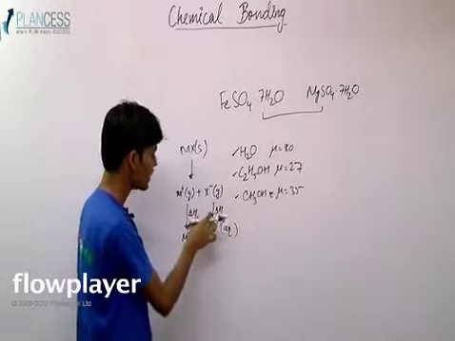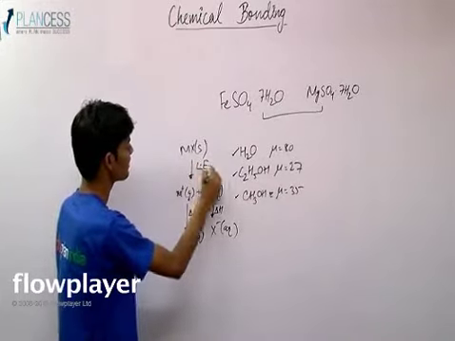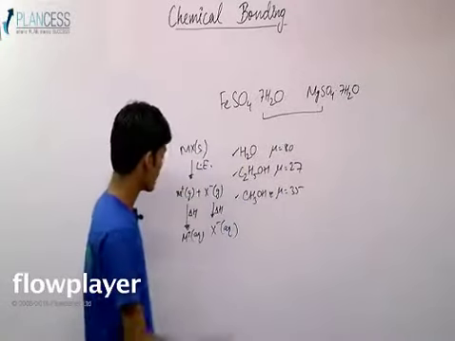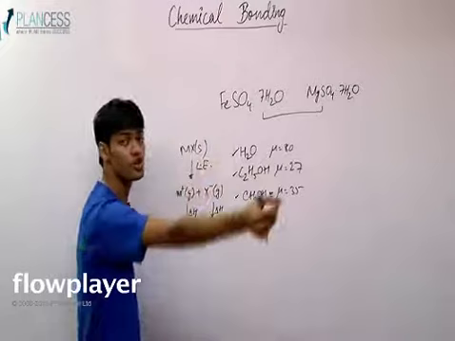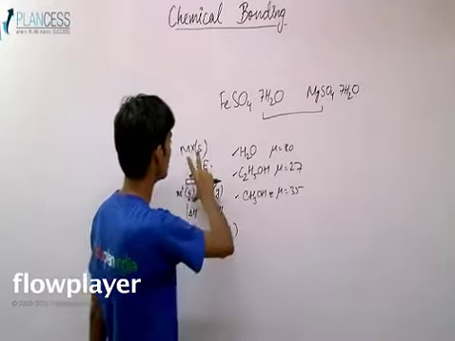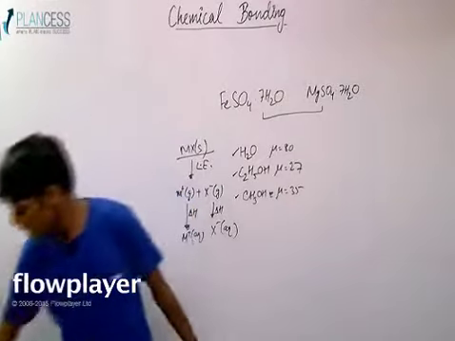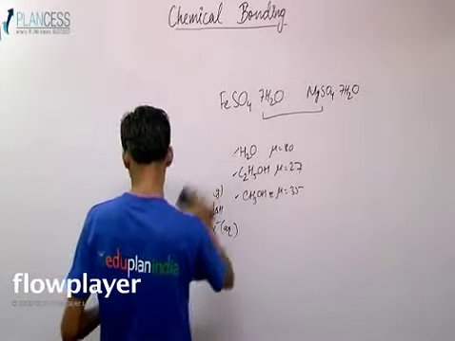So if the heat of hydration is large enough to exceed that lattice enthalpy, then its solubility increases. The more the heat of hydration, the more the solubility of that ionic compound. So let us take an example of how to determine this solubility.